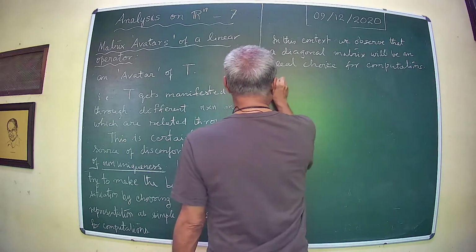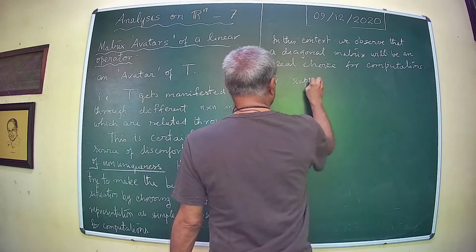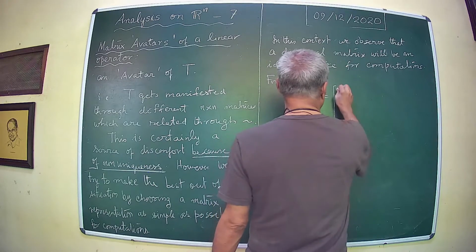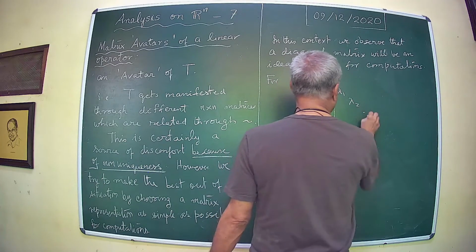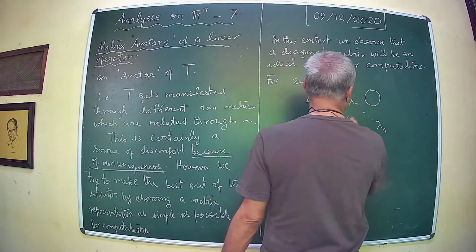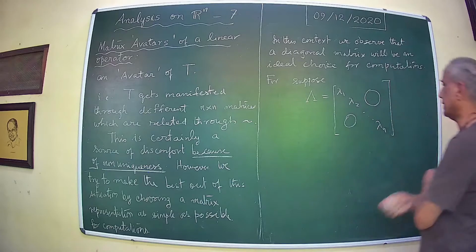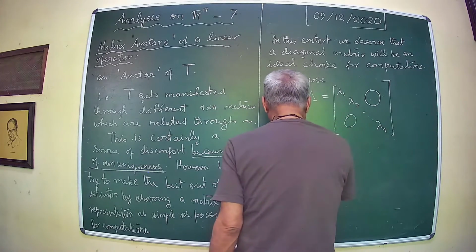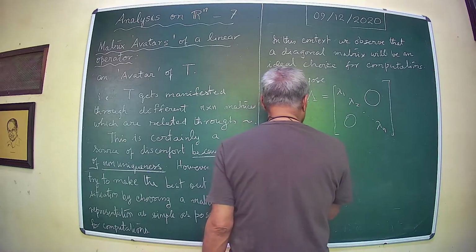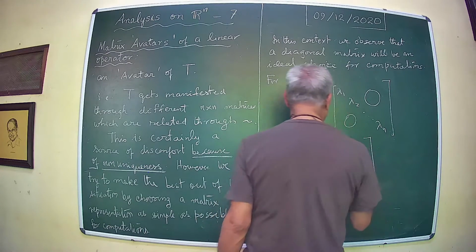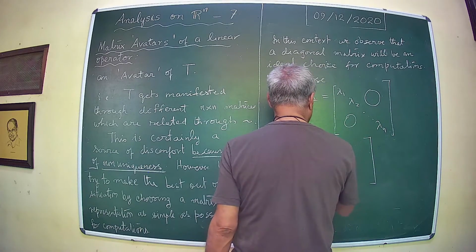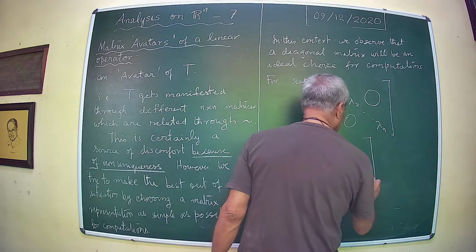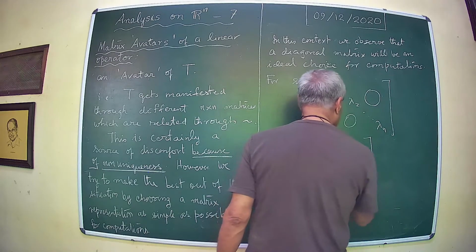Suppose only diagonal entries are non-zero, all others are 0. And then you can observe that lambda to the power k, with respect to the same ordered basis, is going to be lambda 1 to the power k, very easily computed.